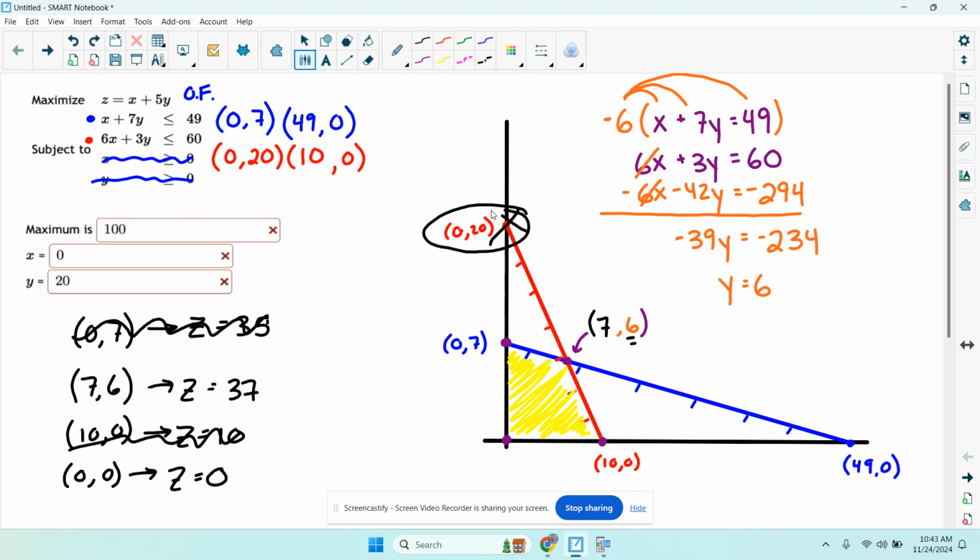We don't test that point and we don't test that point because they're not members of this overlapping of shaded areas, this yellow quadrilateral. So we're only testing these 4 points in the objective function to see which is the largest. So the maximum here would be 37, x would be 7, and y would be 6.